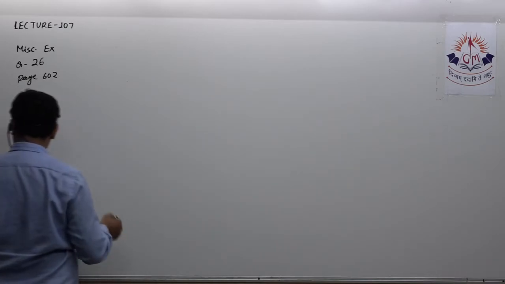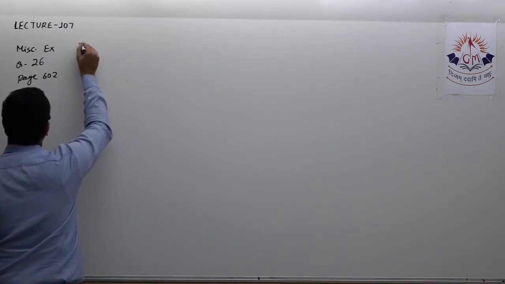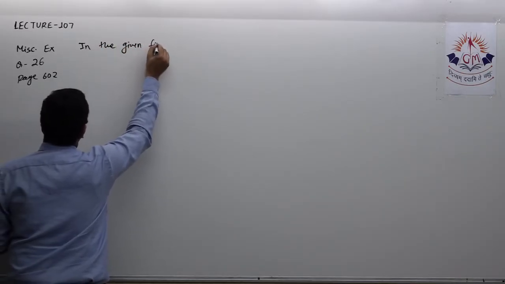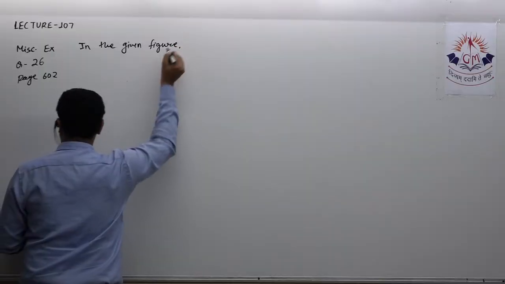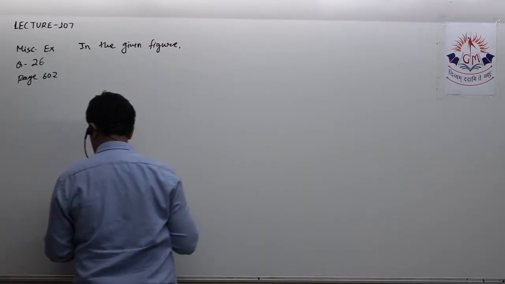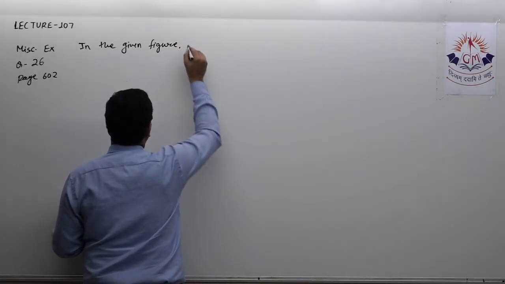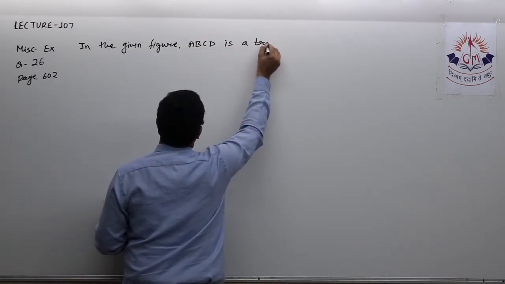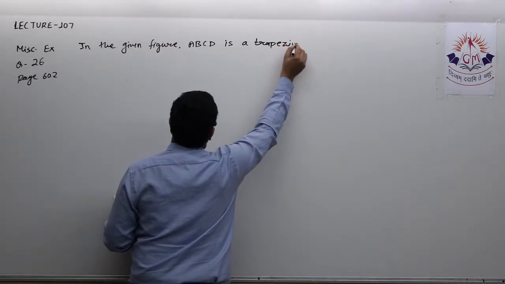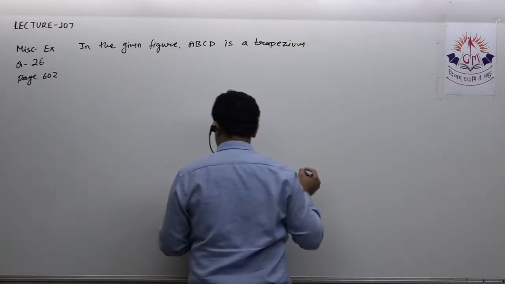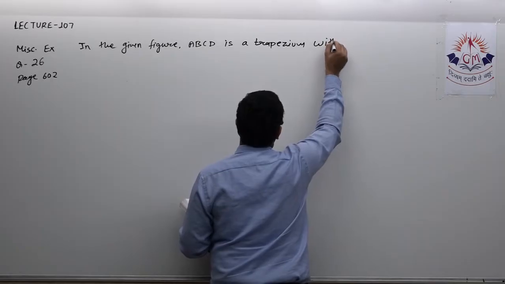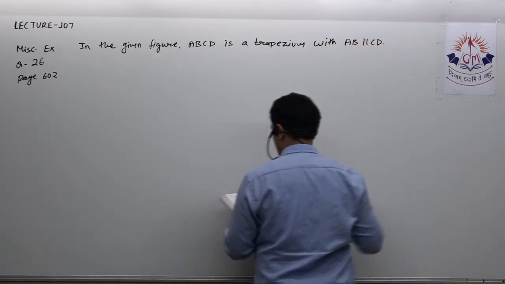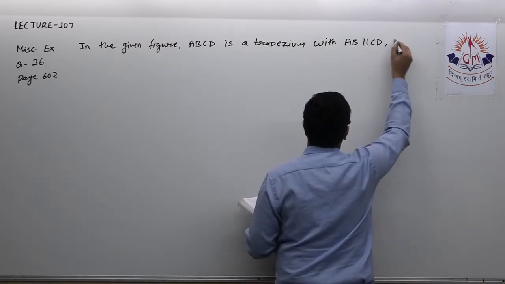In the given figure, ABCD is a trapezium with AB parallel to CD.